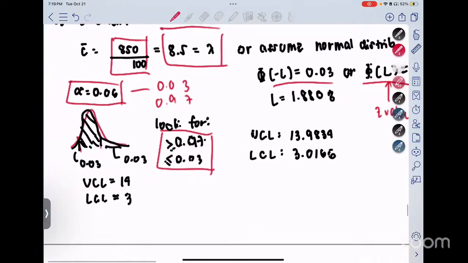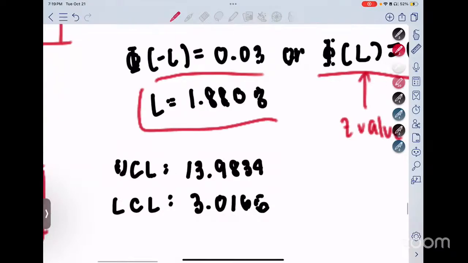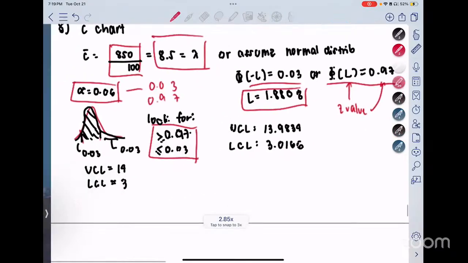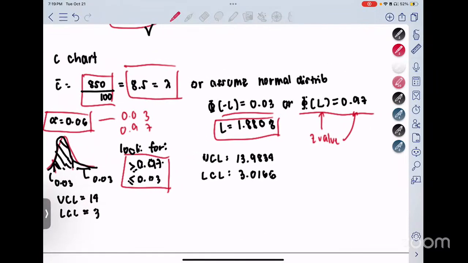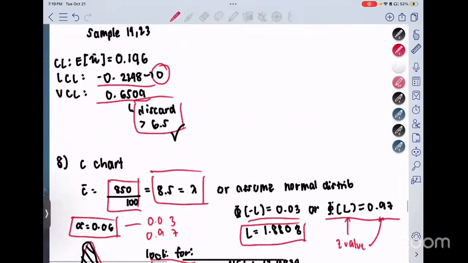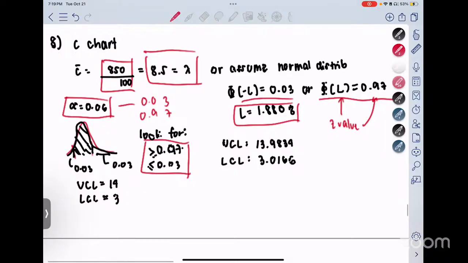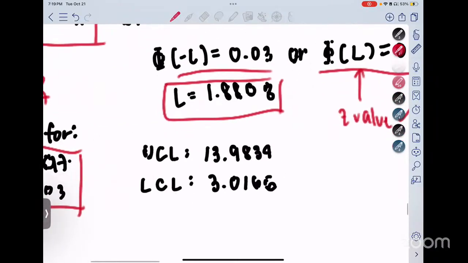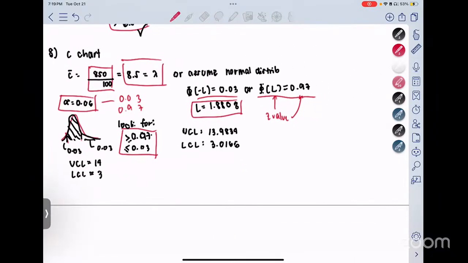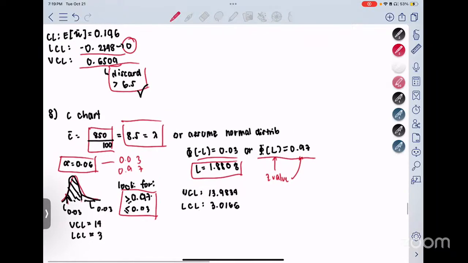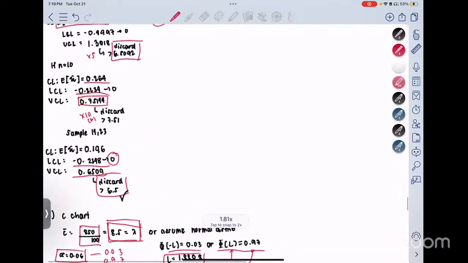And then using this value, you can get the UCL and the LCL by plugging in the formula for C charts. So like C charts for LCL, UCL. You realize that you'll end up with 13.9834 and 3.016. Ulit. For the center line, it's just this. So yeah, that's for C chart.